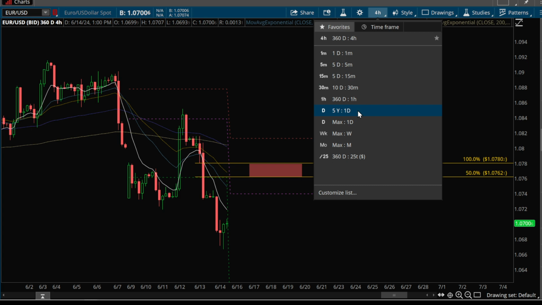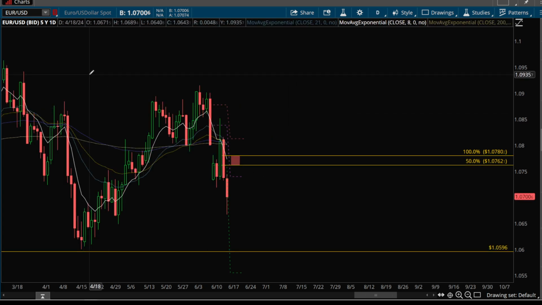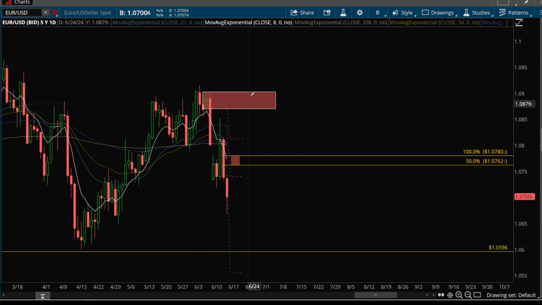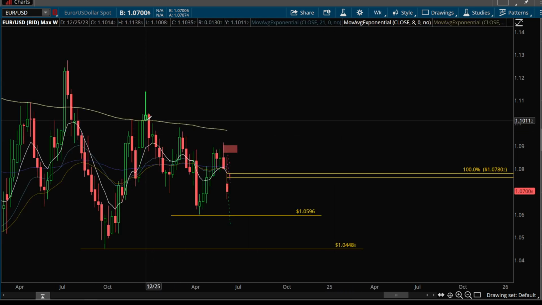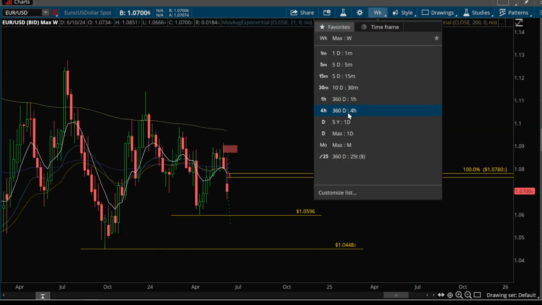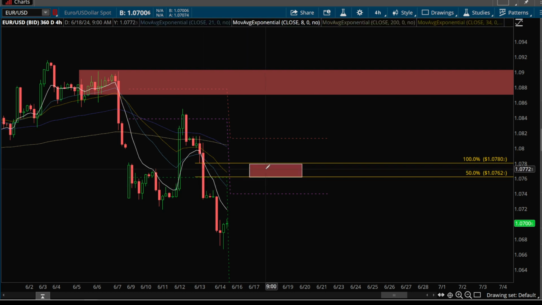Do we have anything on the daily chart? Nothing really. We got one order block all the way up here, and that wouldn't line up with anything. Weekly chart, do we have anything? No. So the only thing we have is on the 4-hour chart, this imbalance area with your pivots. That also lines up with our 4-hour 200.